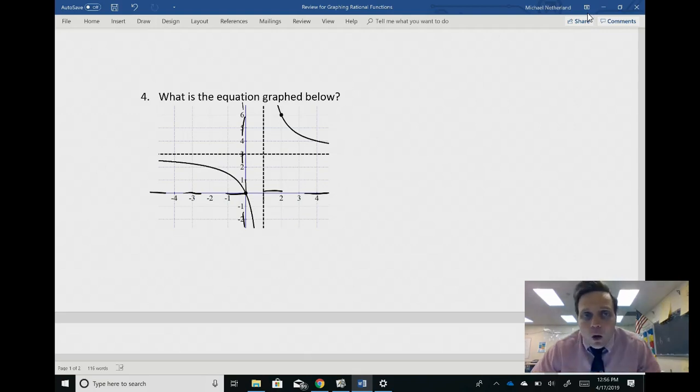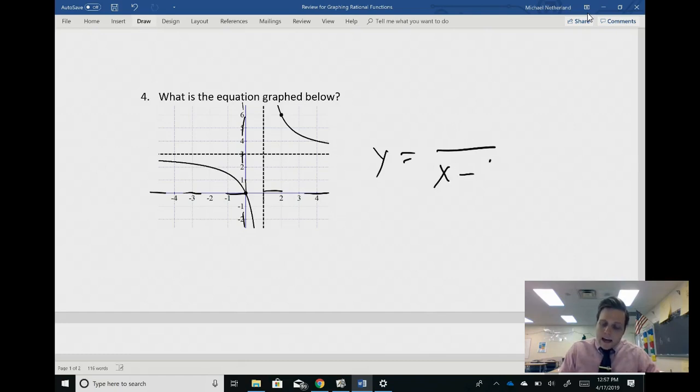We've shifted our vertical asymptote to the right one. So that means we've shifted our entire graph to the right one, and we've shifted our horizontal asymptote up 3. So y equals something, and we're going to talk about that something. Usually it's a 1, but in this problem it's not going to be. Something over x minus 1, because that means shifting right 1, plus 3, because that means shifting up 3.